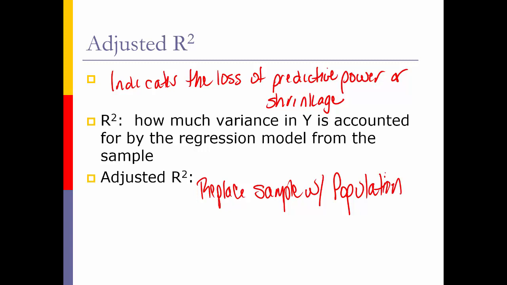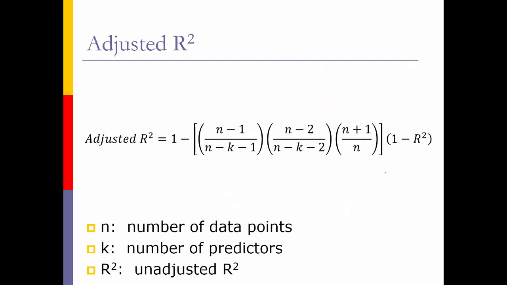So the adjusted R-squared is how much variance in the outcome can be accounted for by the regression model in the population. Obviously, if we have a very small adjusted R-squared, we have very little variability explained. Here's a way to calculate adjusted R-squared. Good news, SPSS also does it for you.